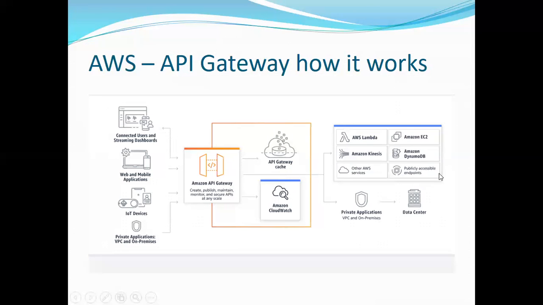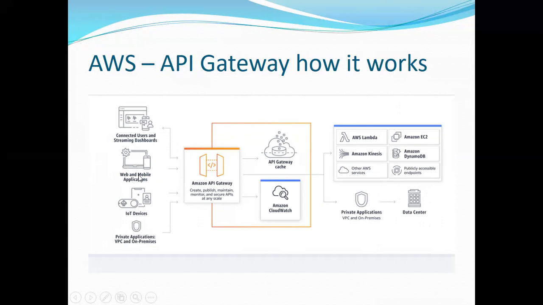You can use publicly accessible endpoints. AWS API Gateway can access the internet to go to some website and get the data. It can even reach private applications that run within the AWS virtual private cloud, or maybe your on-premises data center. Okay.